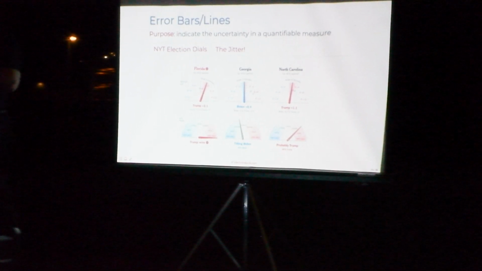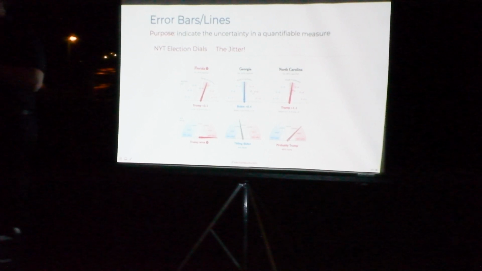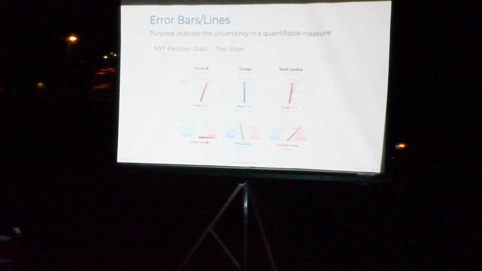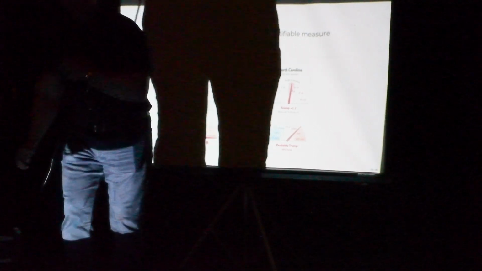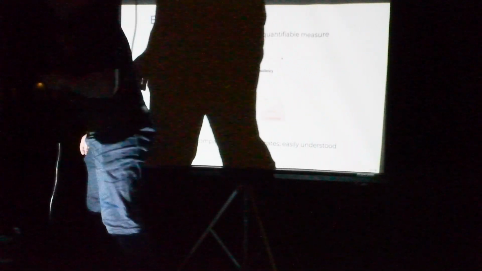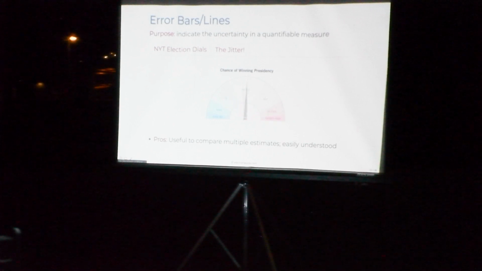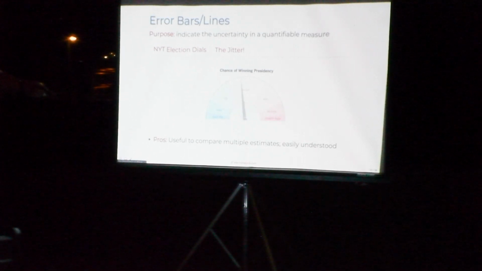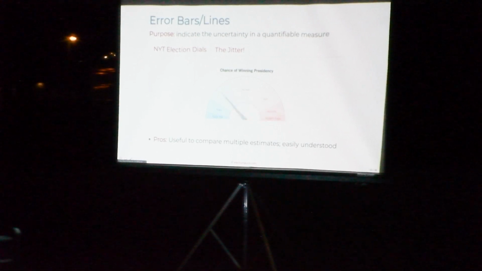So we can understand if something's going one way versus another, and there's usually some sort of color banding around it that helps you determine what's going on. There is this infamous point where the dial jittered. I'm glad you can't read it, it's pretty vulgar. The idea is that there was actually a period of time when this is the New York Times, they called it their dial plots.